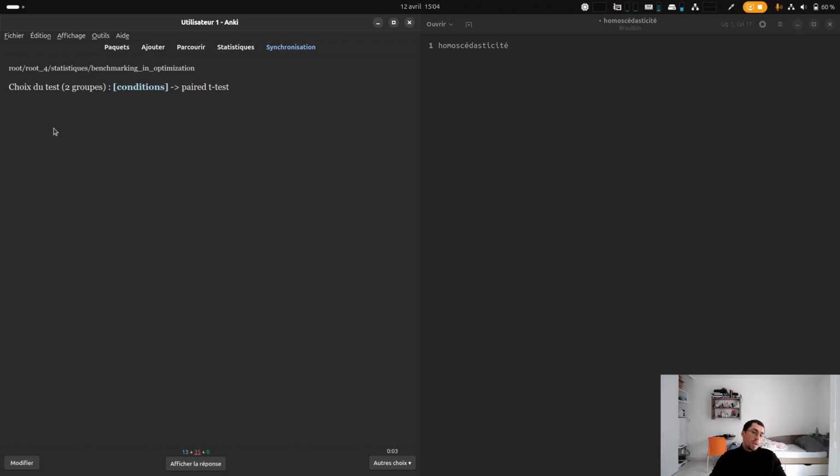Okay, interesting. Paired t-test, it's when you have matched data and parametric data. Data such that each observation corresponds to a group. Oh, that's the matched data. So when it's non-parametric, okay, and non-matched.